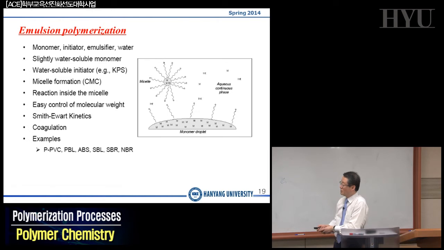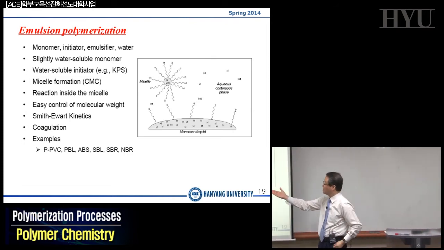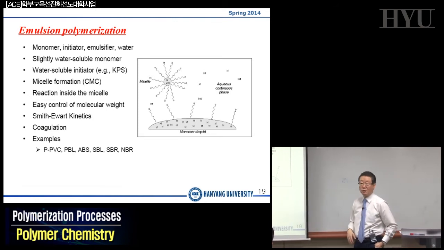The PVC, ABS, styrene butadiene latex, polybutadiene latex, all of those rubbers, styrene butadiene rubber, and neoprene, butadiene rubber, stuff like that. So mostly the rubbers are made by these emulsion polymerization reactions. Right?